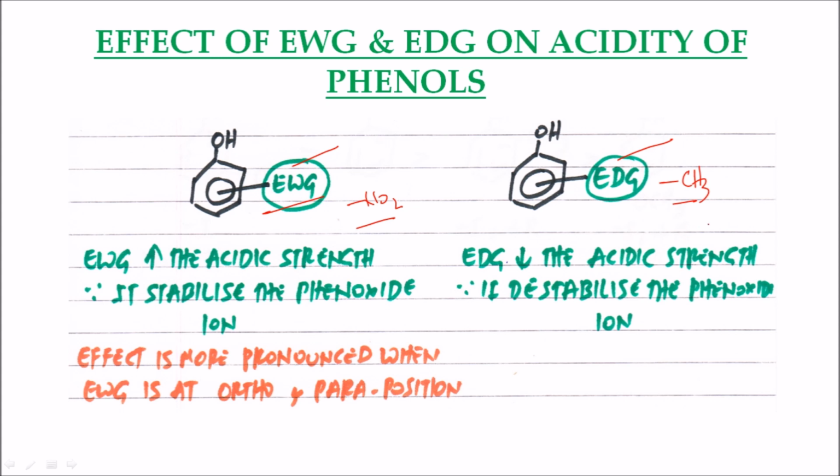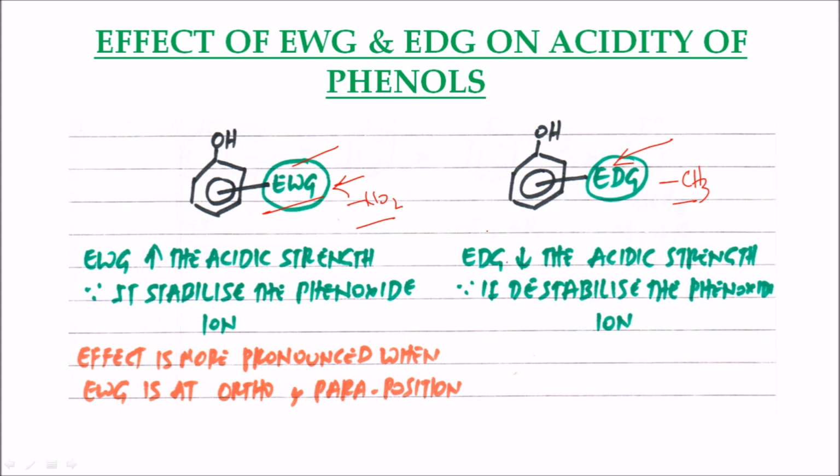So we can take substituted phenols. One is presence of electron withdrawing group, and second one is presence of electron donating group. Now if you're having electron withdrawing group, what does it do? We can take the acidity of phenol and compare it to the stability of phenoxide ion.